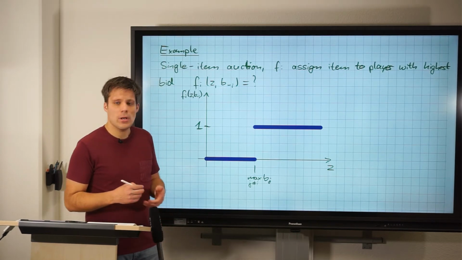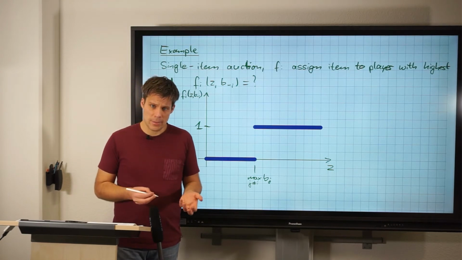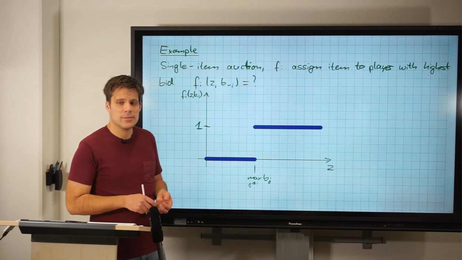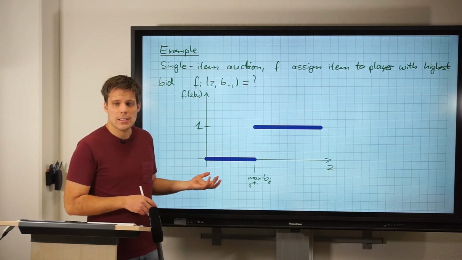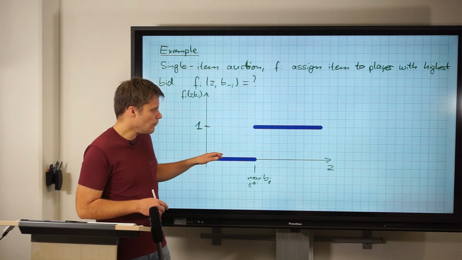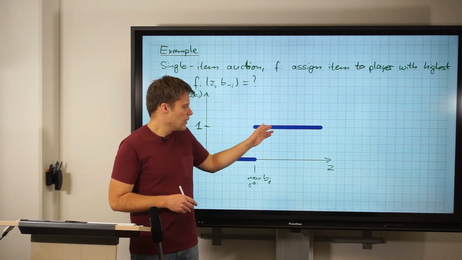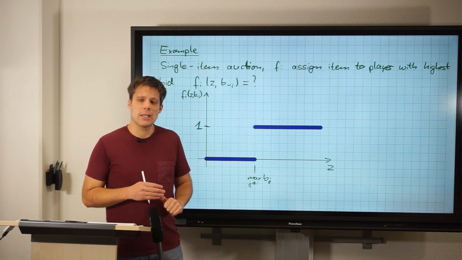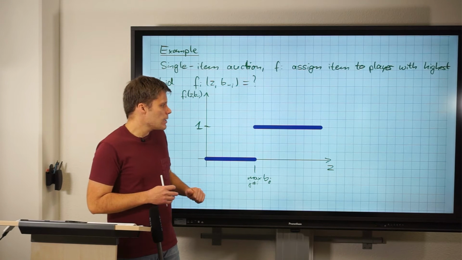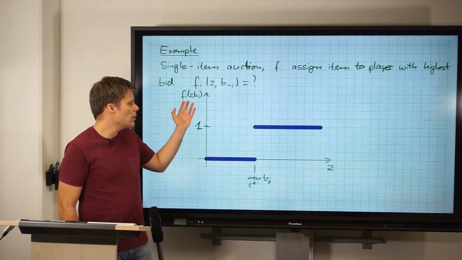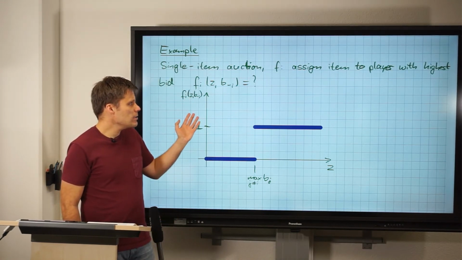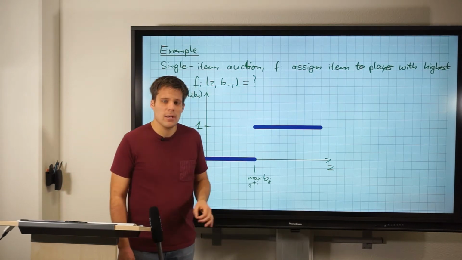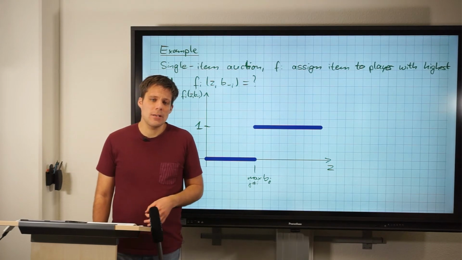This, of course, would not be true if we were, for example, giving the item to the bidder with the second highest bid, because then if I were going further, suddenly this would go down again. And so we call an allocation function f monotone if it always looks like this. Increasing my bid can only give me more.